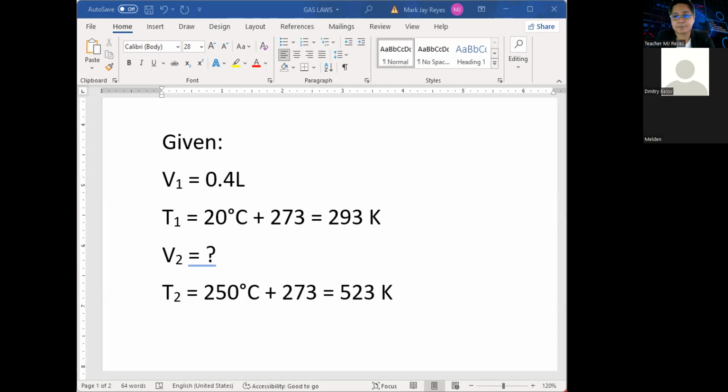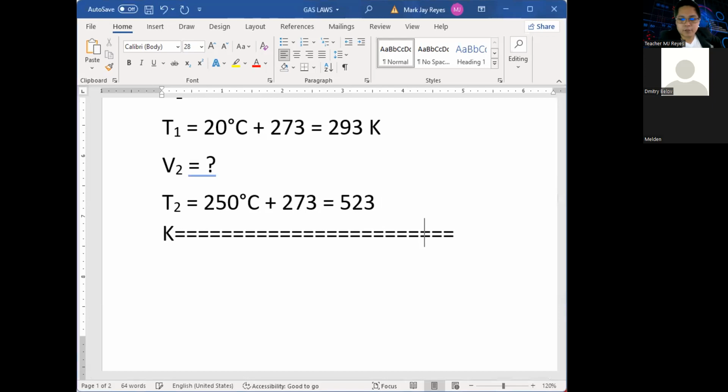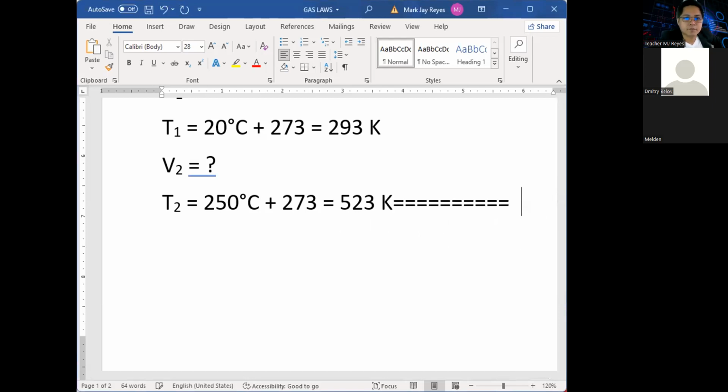That's constant. Conversion factor. Just like when you have your time, 1 hour is equal to 60 minutes. Where did you get the 60 there? That's the conversion factor. Same with Kelvin. Okay, let's move forward.